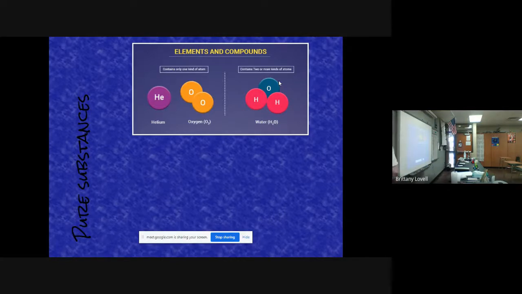And on your sheet there, elements and compounds we know can be broken down into either elemental, like helium, or compounds where you're going to have more than one kind of atom. Okay, you would have more than one capital letter is the main thing you're looking at.